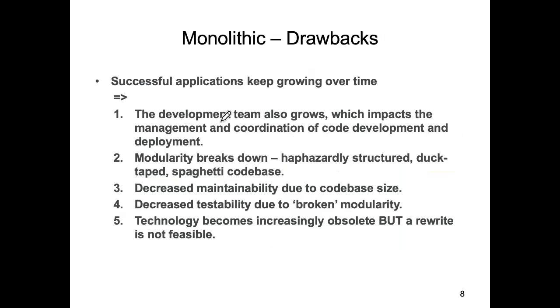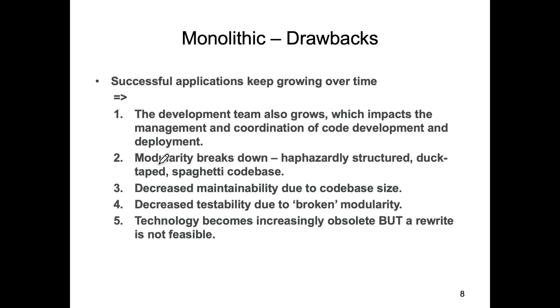So the development team grows and it becomes more difficult to manage the whole and coordinate the entire development and deployment process. As the application grows, the modularity tends to break down as well, because, certainly in terms of resolving bugs, we start making changes that break the modularity boundaries, because the pressure is on to fix the bug.